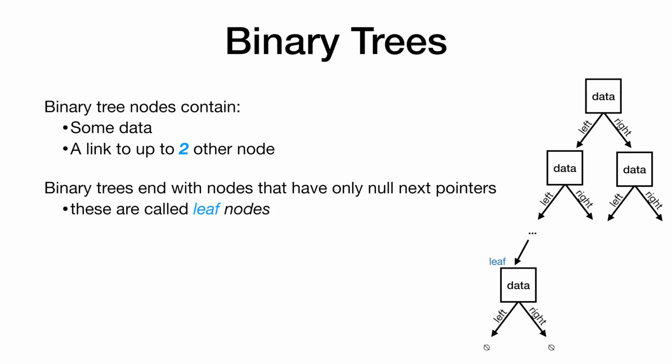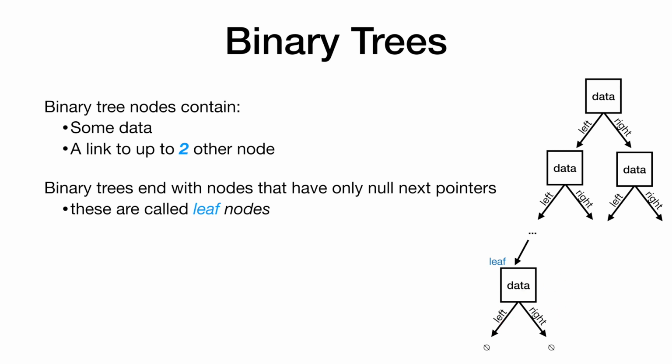Before we were only traversing in one order. Now if we're traversing down the tree, you reach the end when you've found one of those null pointers. And we call nodes that have only pointers to null leaves.